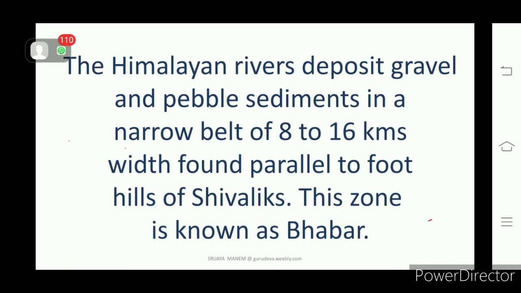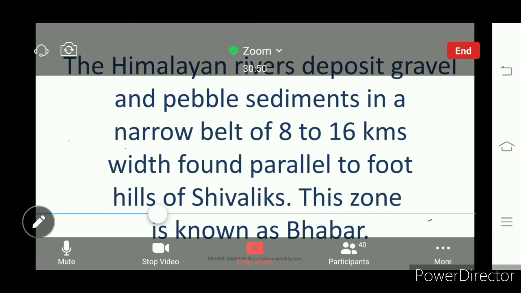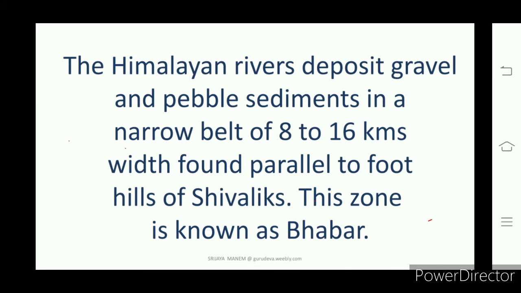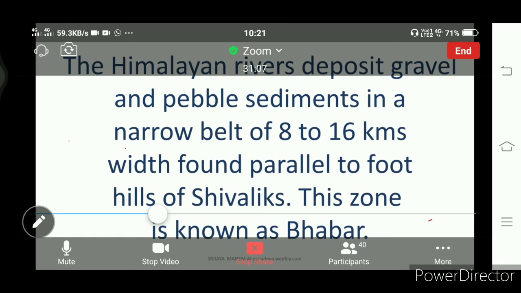Understand? So when Himalayan rivers are flowing down, they deposit some round stones with a width of 8 to 16 kilometers parallel to the foot of the Shivaliks. That is called Babar.